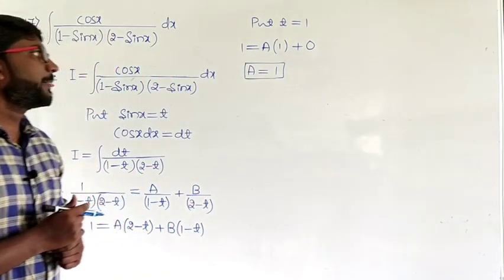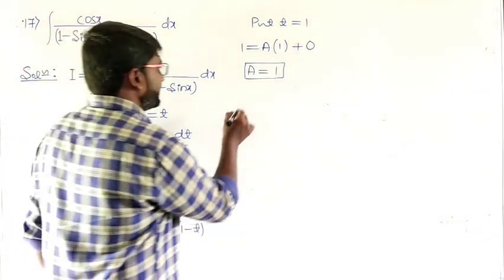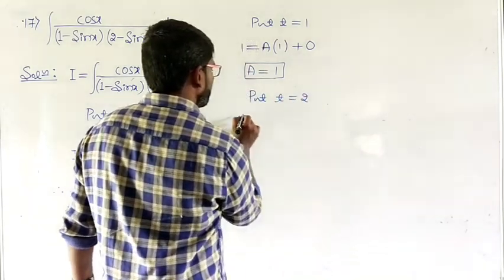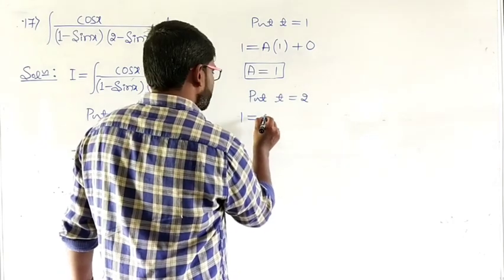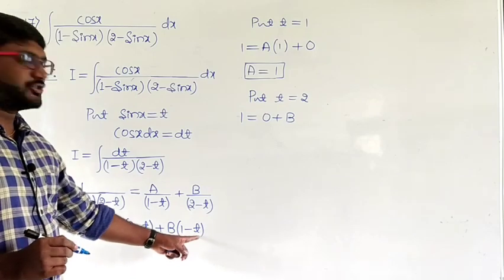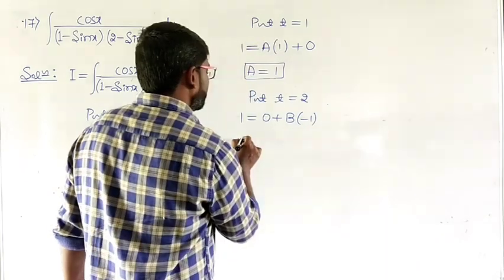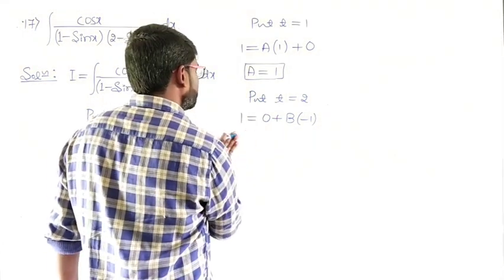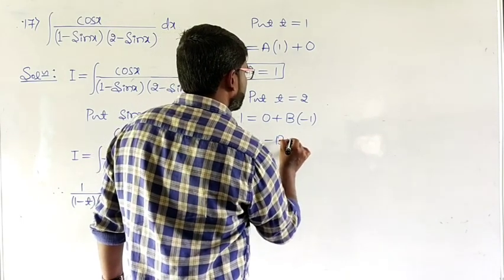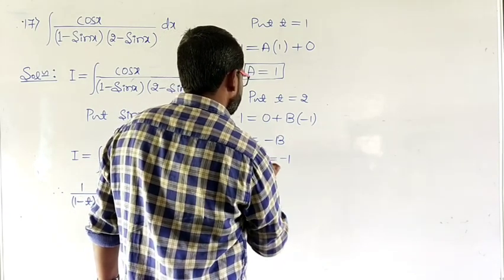Next we have to go for t equal to 2, so that this will be eliminated. Put t is equals to 2. So 1 which is equals to 0 plus b into, so 1 minus 2 it is minus 1. So 1 which is equals to minus b. This implies b which is equals to minus 1.